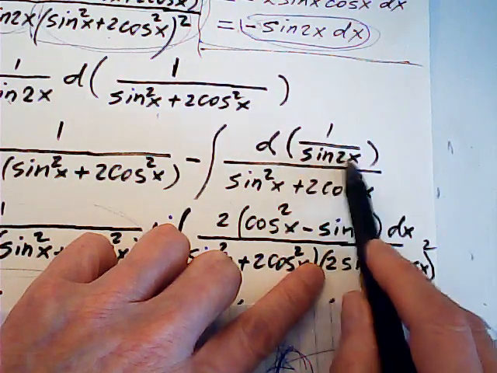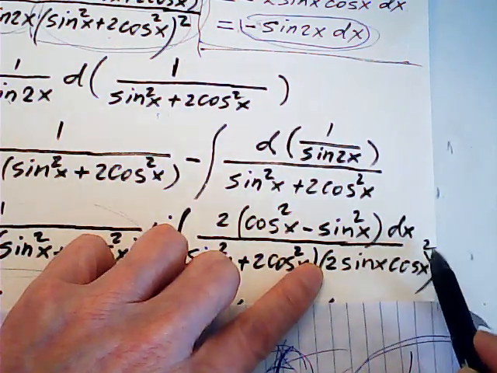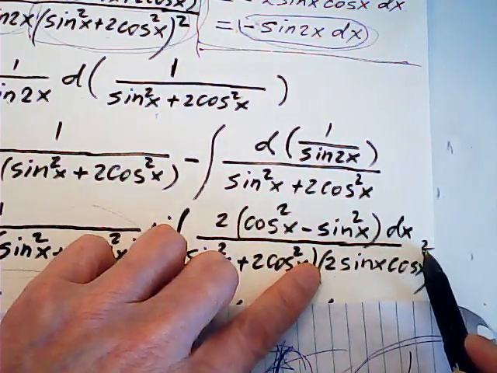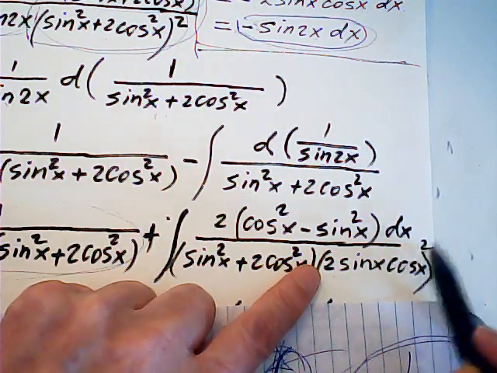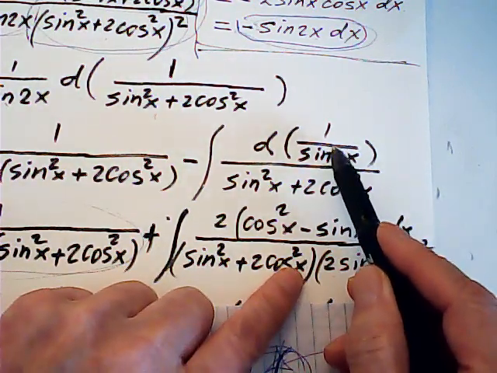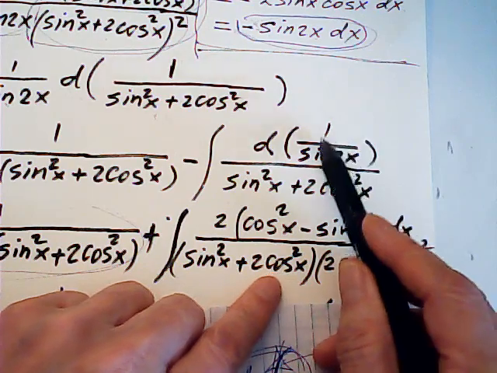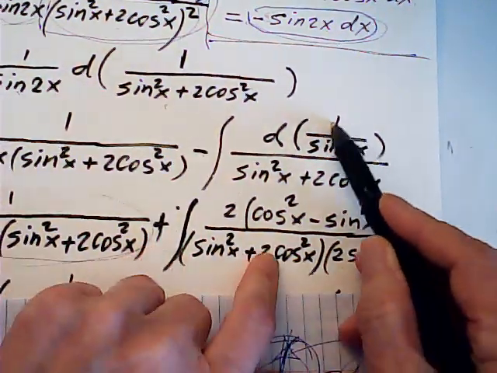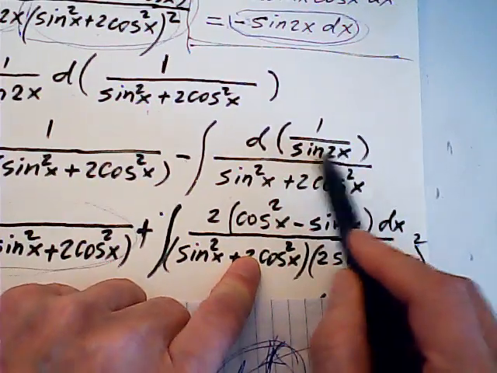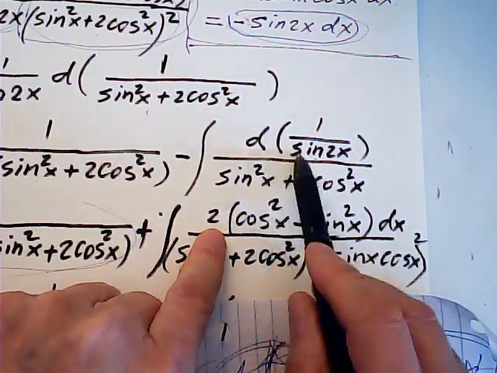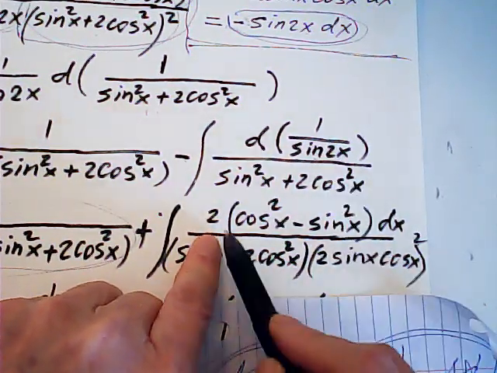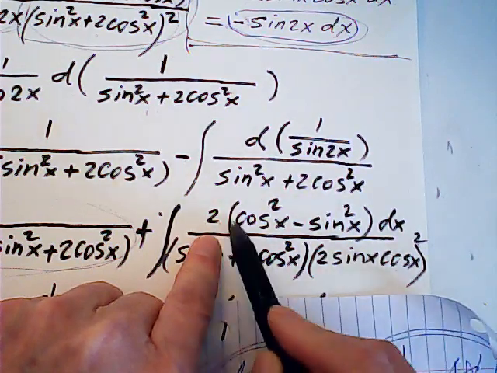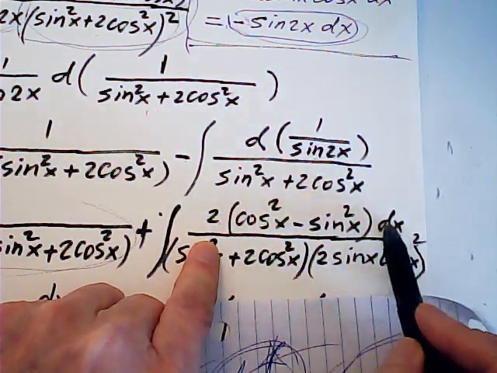This is 2 sine x cosine square. And negative becomes positive. This negative becomes positive. The derivative of this one is 2 cosine 2x. 2 cosine 2x. This is cosine 2x dx.